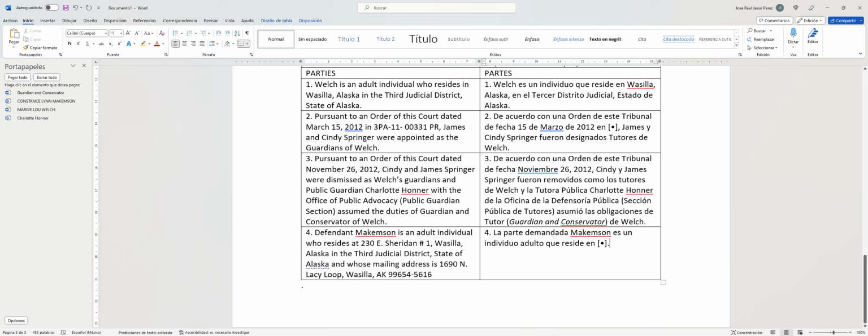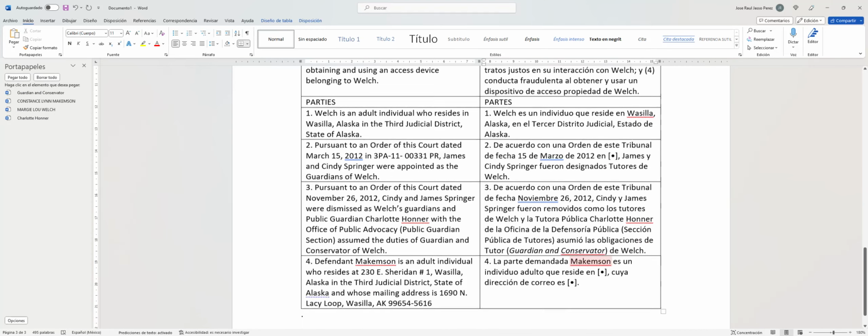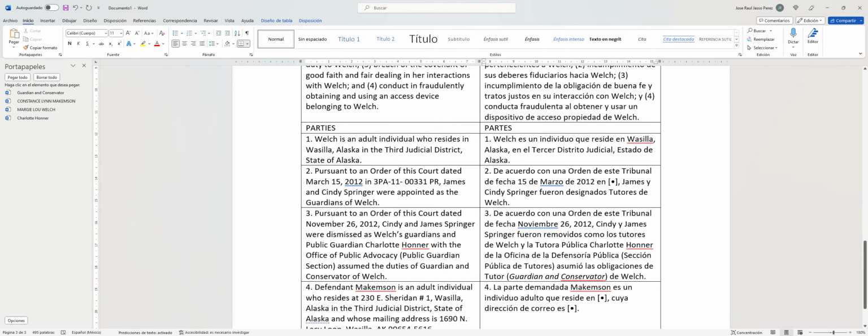The same address, his address or her address en Alaska, 3rd Judicial District, tercer distrito judicial del estado de Alaska, and whose mailing address, cuya dirección de correo es, we can just add that part, cuya dirección de correo es, to include also his or her mailing address. So that would be a translation for this part of the complaint to Spanish.